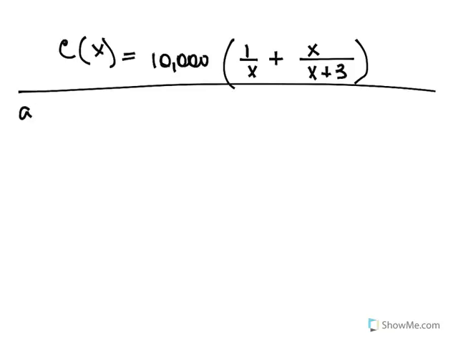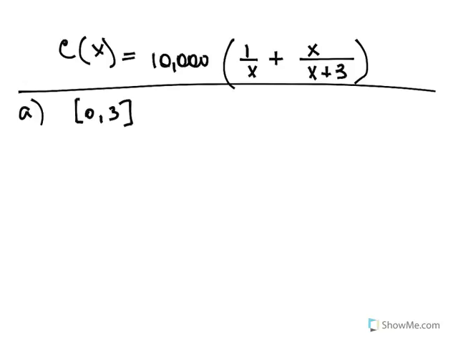Question A. Is there guaranteed a value of r on this interval from 0 to 3, including the endpoints, such that the average rate of change of cost is equal to C prime of r, and give a reason for your answer.